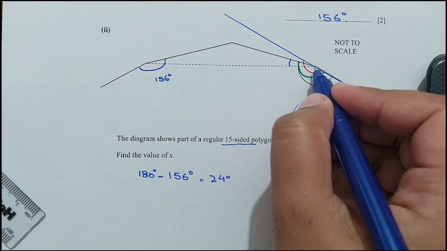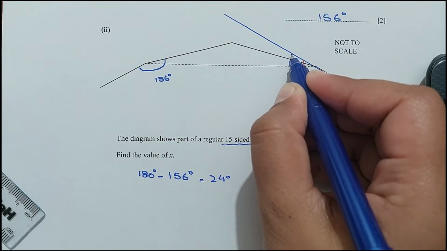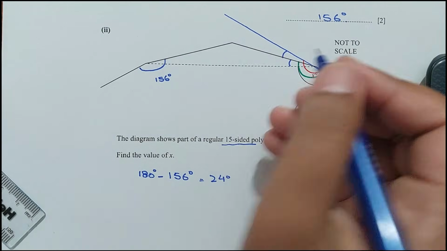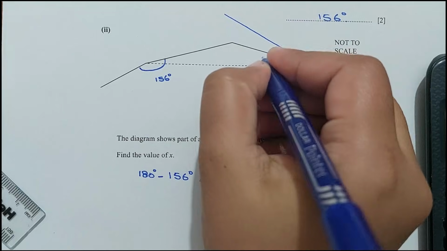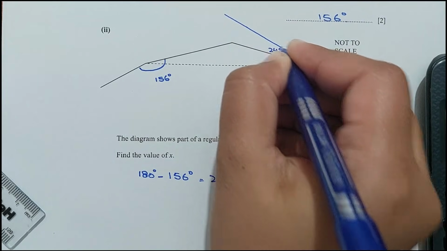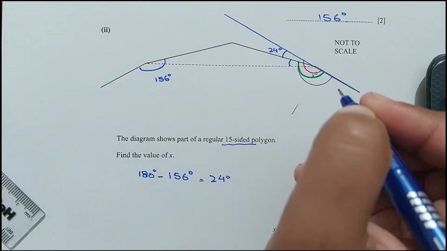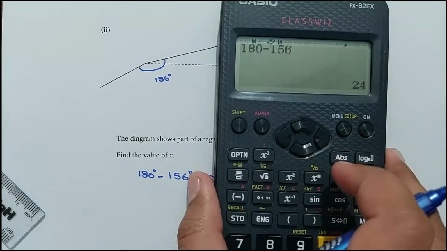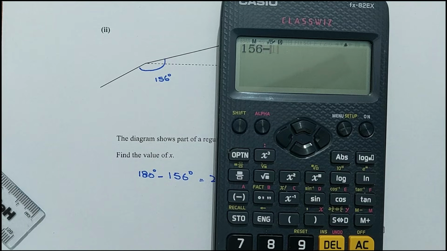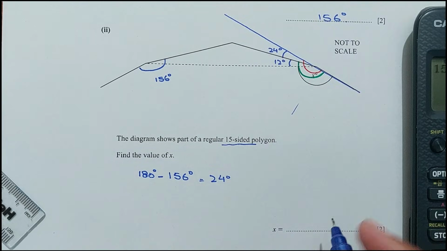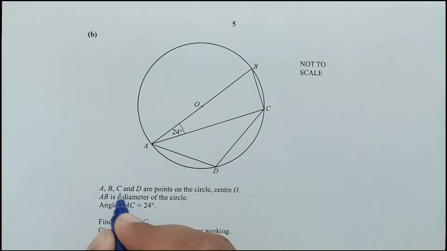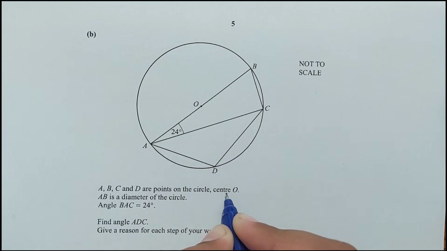This angle is 24 degrees, and this angle is half of 24, which is 12 degrees. So from 156 take away 12, this angle is 144 degrees. So x is 144.